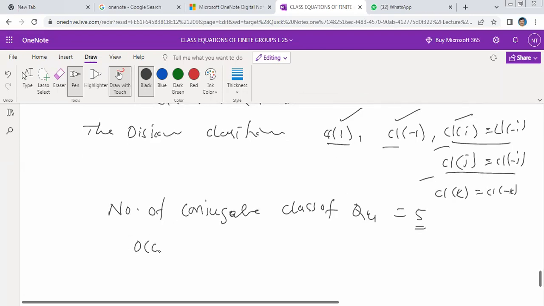Order of CL of 1 is 1. Union. Order of CL of -1 is 1.